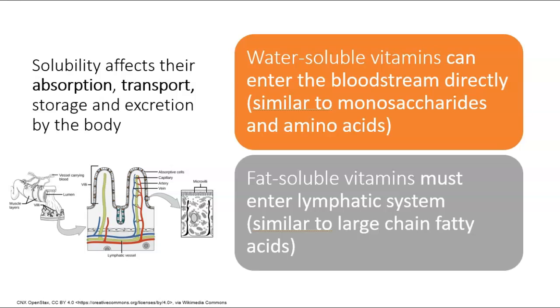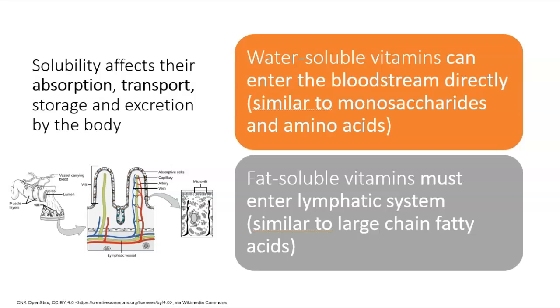So there's solubility. Remember, there's fat soluble and there's water soluble. So solubility affects their absorption, transport, storage, and excretion by the body. When we're talking about the water soluble vitamins, they can enter the bloodstream directly, which is very similar to your monosaccharides and your amino acids, right?